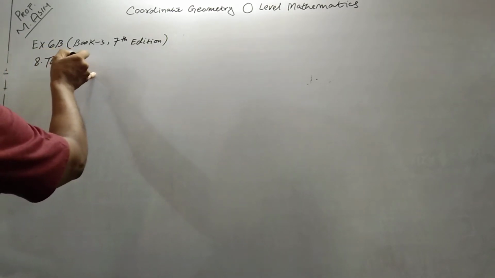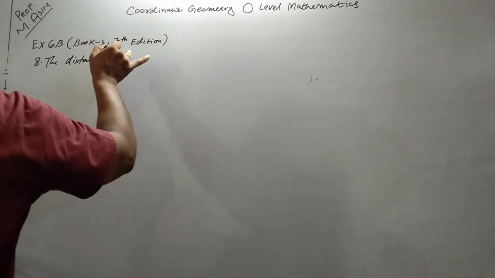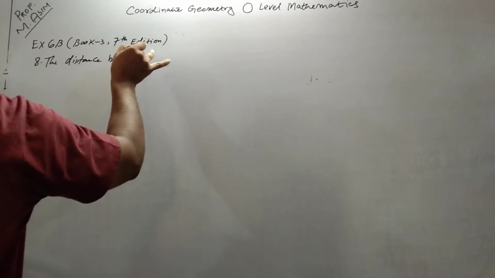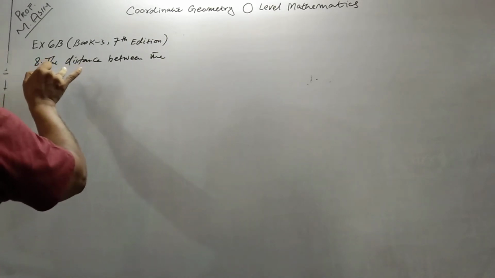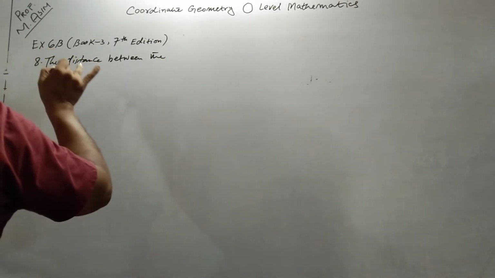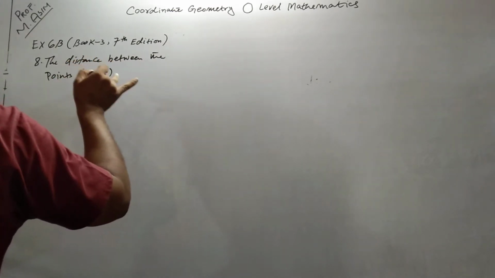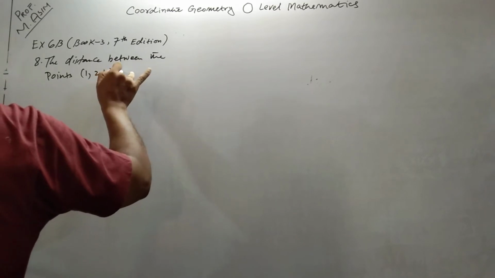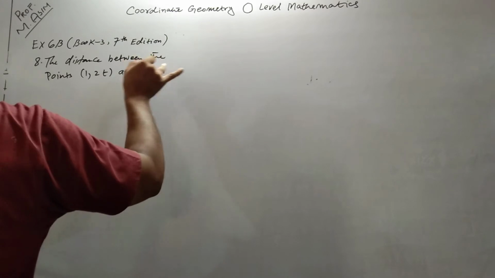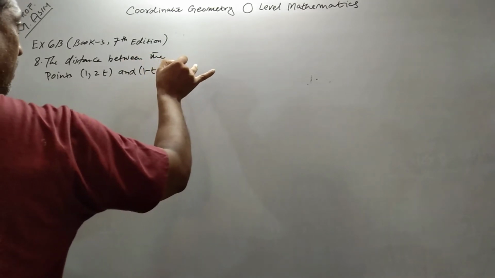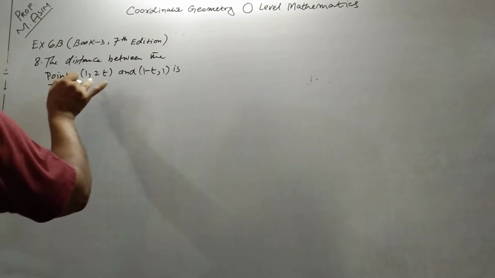The distance between the points (1, 2t) and (1 minus t, 1) is square root of 11 minus 9t.